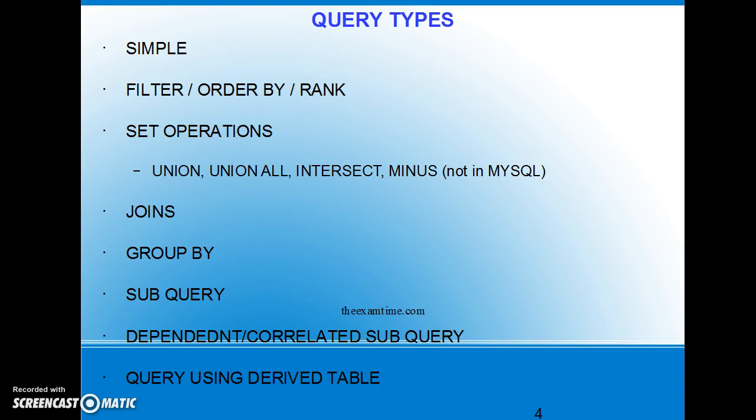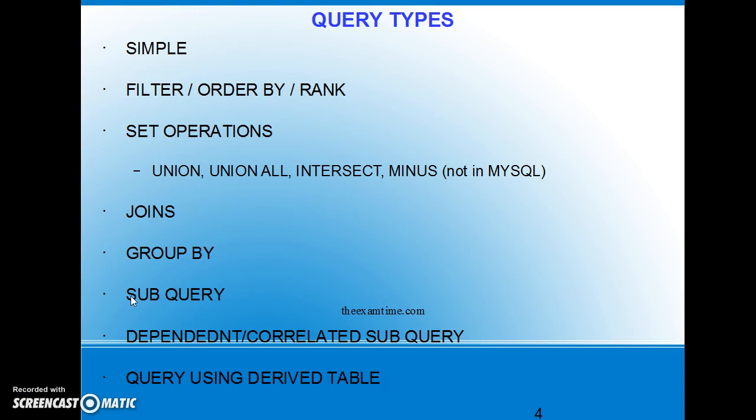An HR department can find out, employee location wise, how much salary they are paying, or how many employees are present, count star group by location. So for that purpose we can use group by, and with having also it is possible.